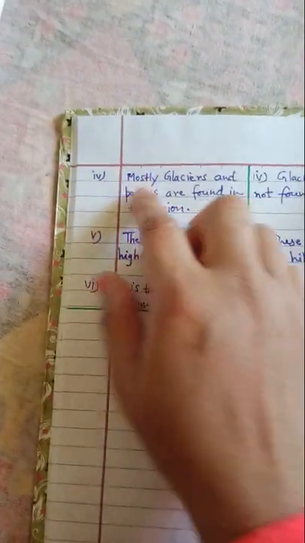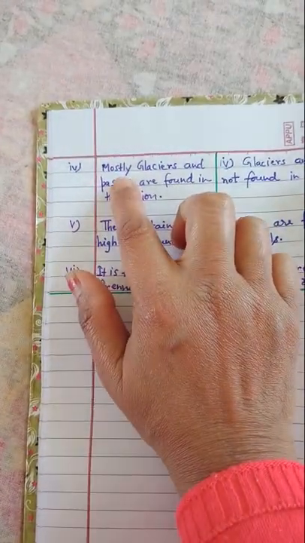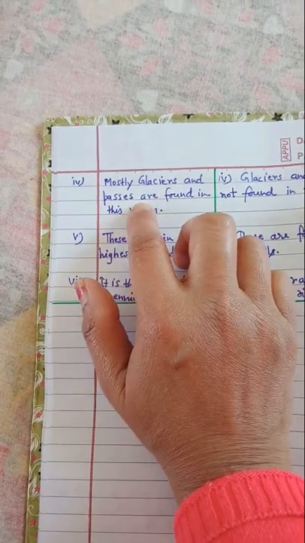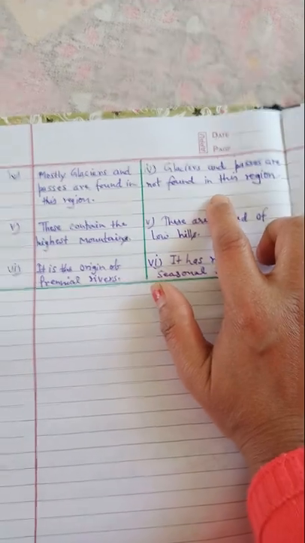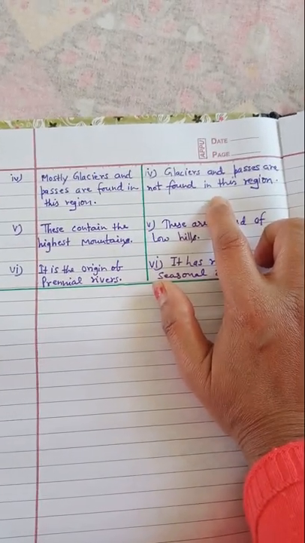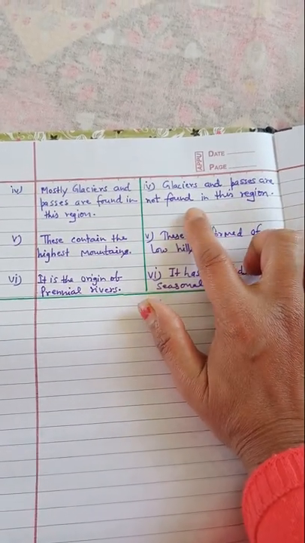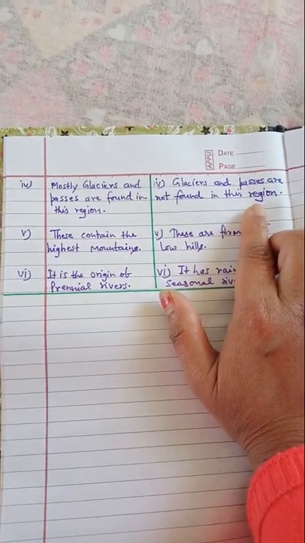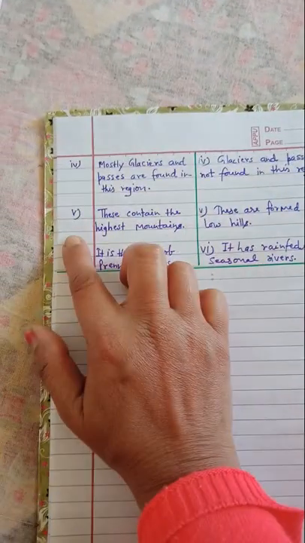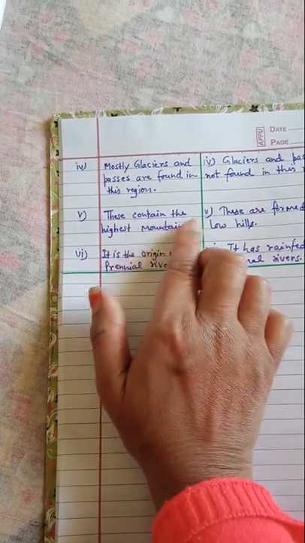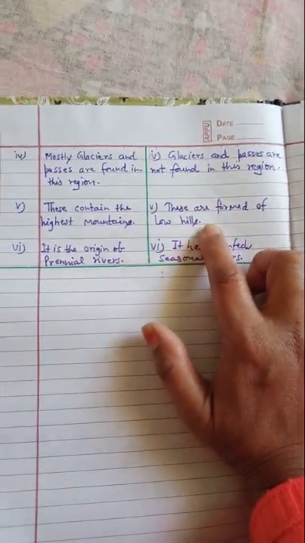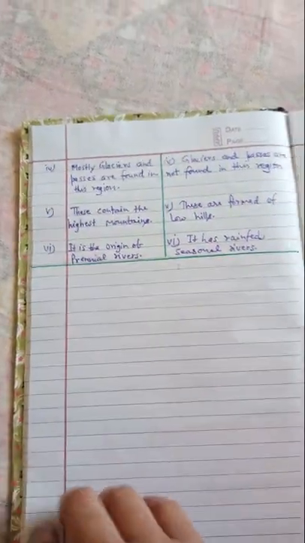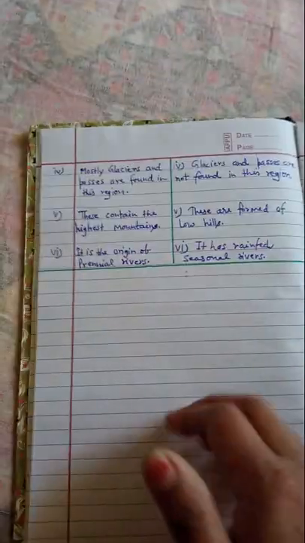Another important feature is that glaciers and passes are mostly found in the Himalayan region, and not in the peninsular region.